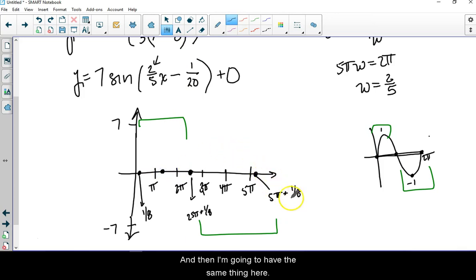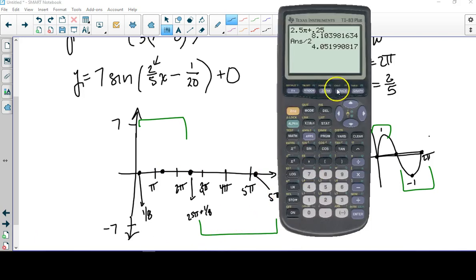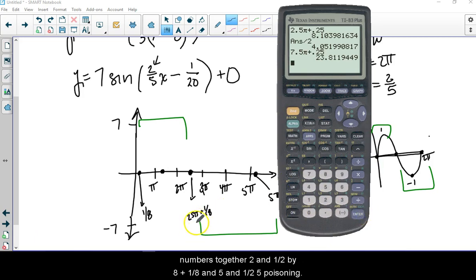And then I'm going to have the same thing here. 5 and 2.5 is 7.5pi plus the quarter. Just add those two weird numbers together, 2.5pi plus an eighth and 5.5pi plus an eighth, and divide by 2.